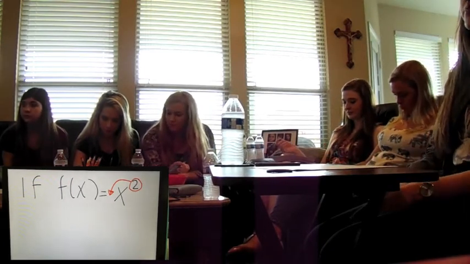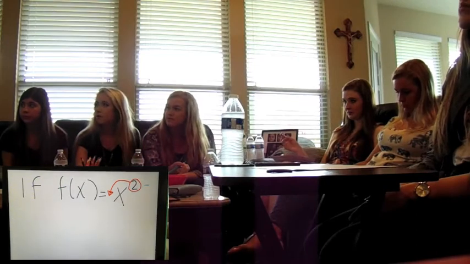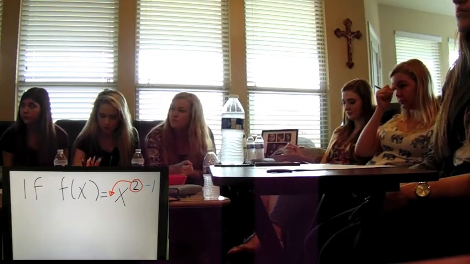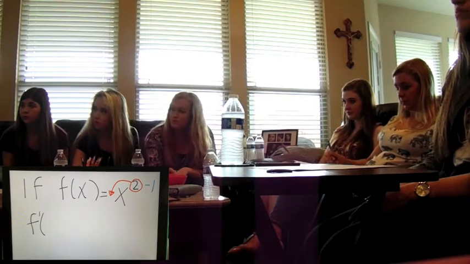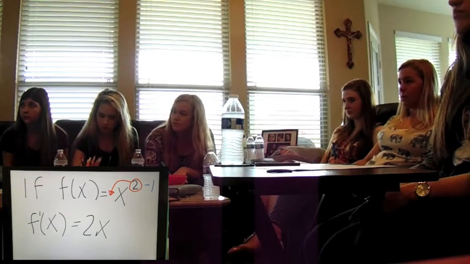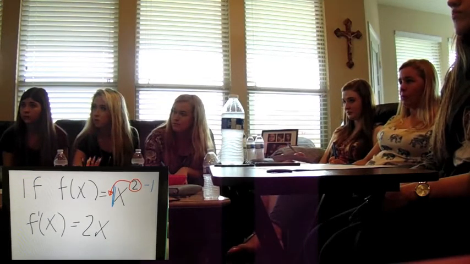And then you subtract 1. That's where the minus 1 comes from. So the derivative will be 2x. Because there's a 1 right here, so 2 times 1 is 2, and then you subtract 1 from 2 and you get the power of 1. So you could write the 1, but you don't have to.